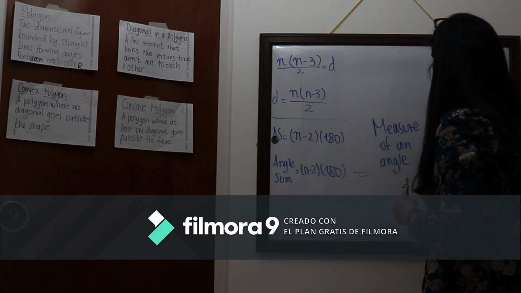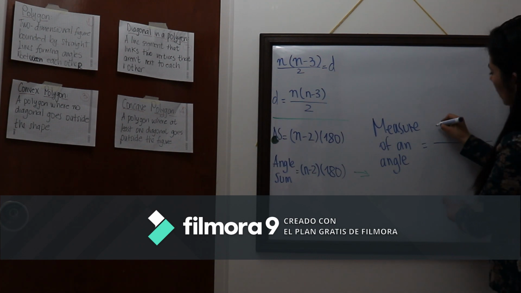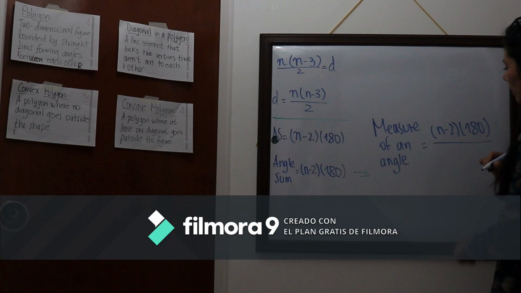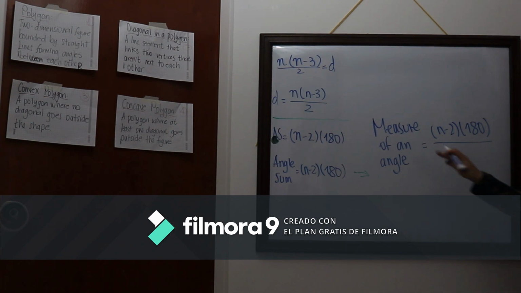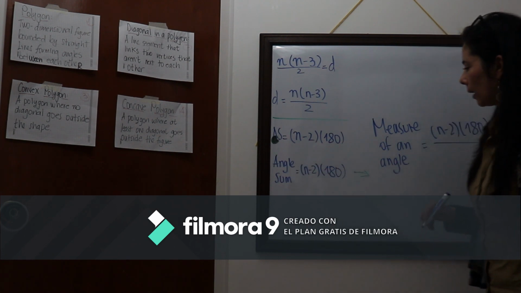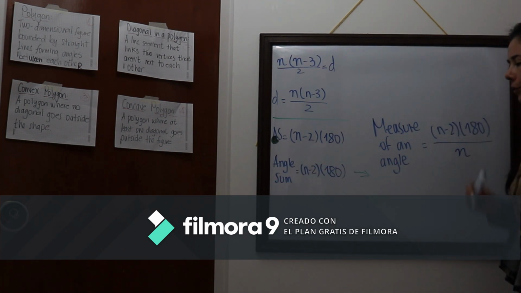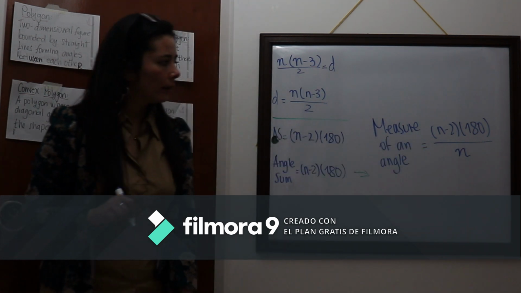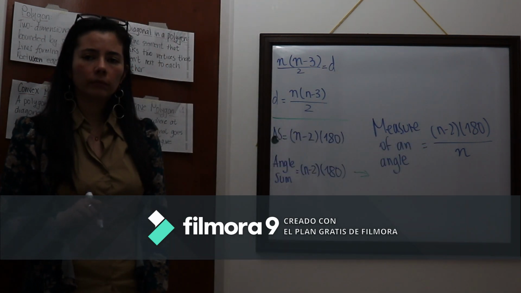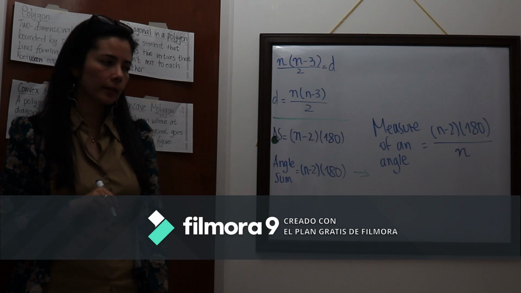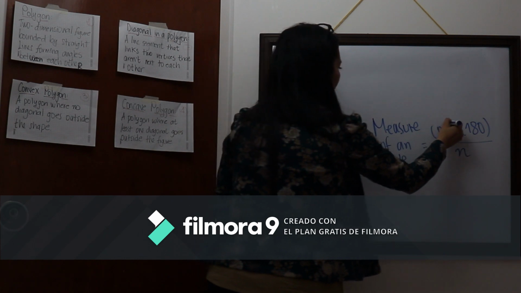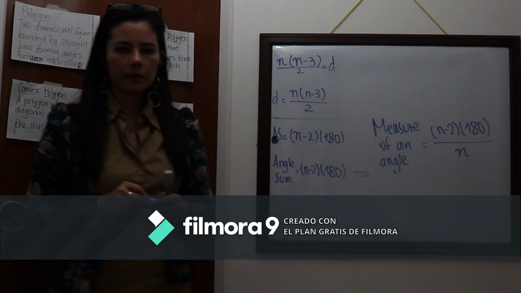It's going to be pretty easy to find because we just work with the initial formula to get the angle sum of the polygon, and then we divide by the number of sides the polygon has. If we do that, we're able to find the measure of only one angle, right? It's that easy. Remember that n always means the number of sides of a polygon.